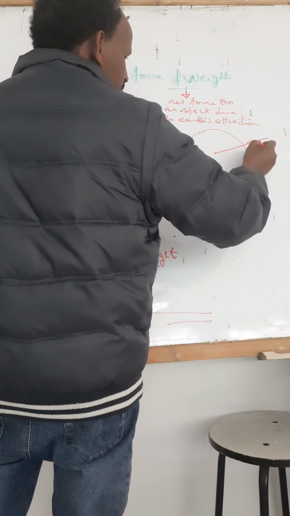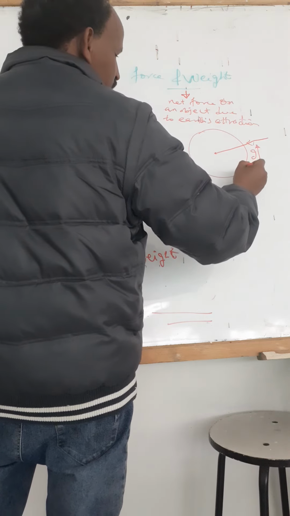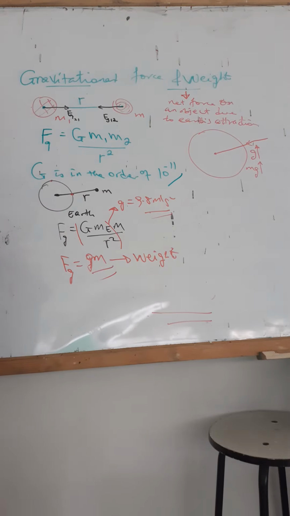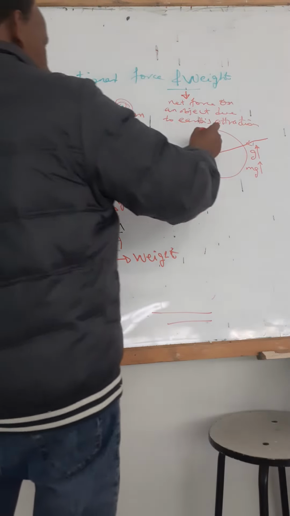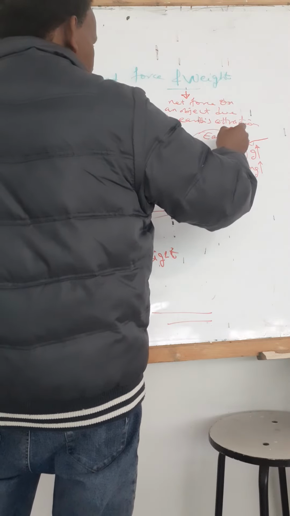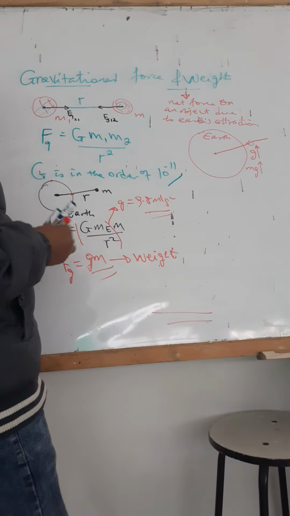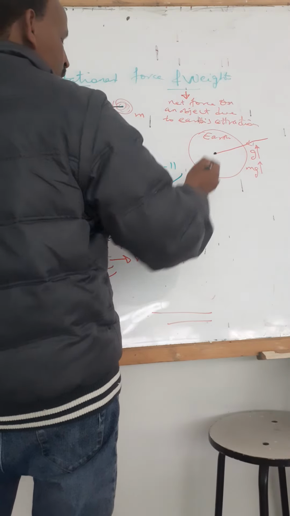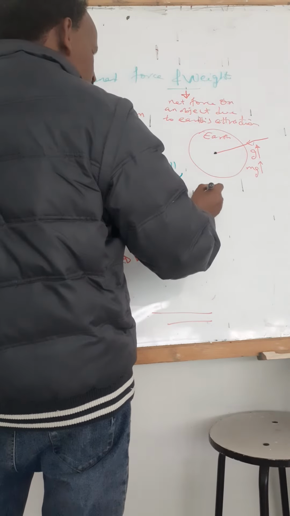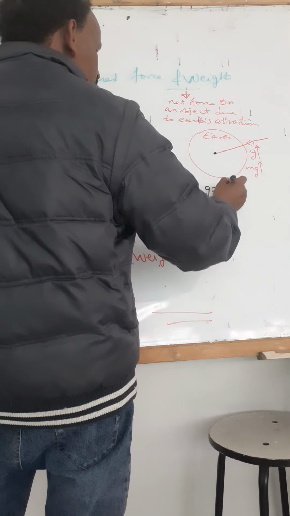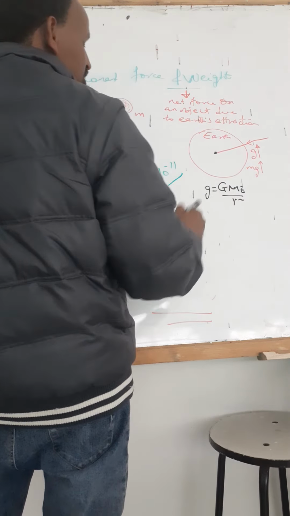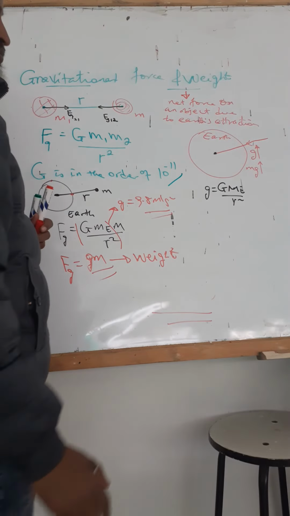Automatically, g or mg increases through this Earth. The question is, when you come here, because you have g is equal to G mass of Earth over R squared, measured from the center of the Earth.